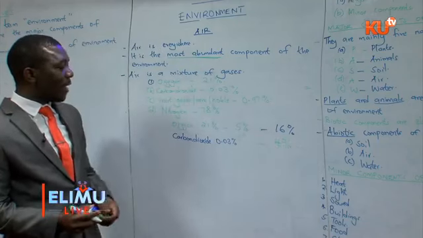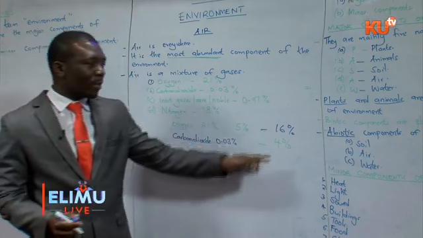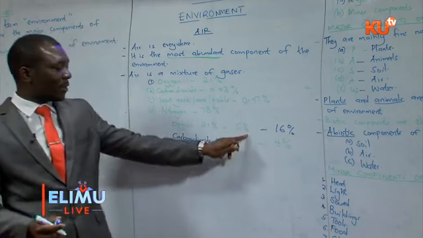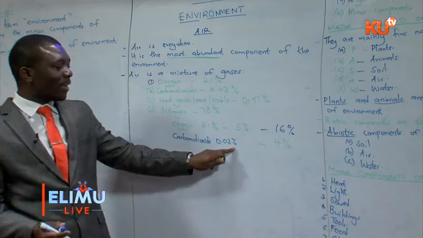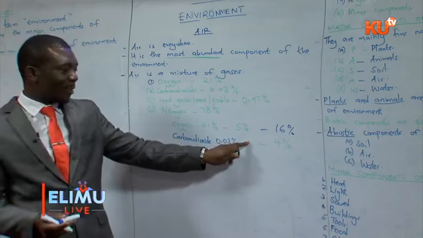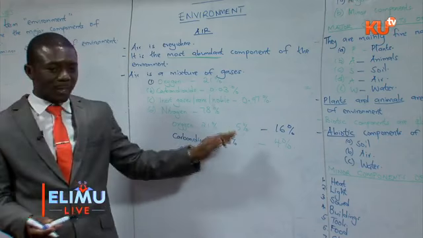So we breathe in 21% of oxygen, we breathe out 16% of oxygen. Only 5% is used. We breathe in 0.03% of carbon dioxide, and because it is a waste gas, I know some will ask which percent is used. Carbon dioxide is not used in the body.